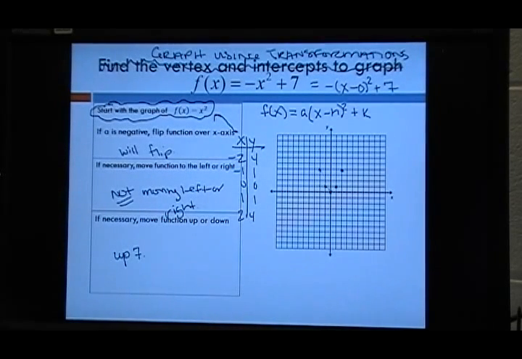So if we flip it over the x-axis, this point is going to be at -2, -4. Is that 4? 1, 2, 3, 4. -1, -1. This will be here, and this will be here, right?